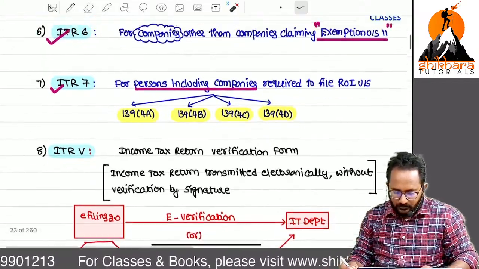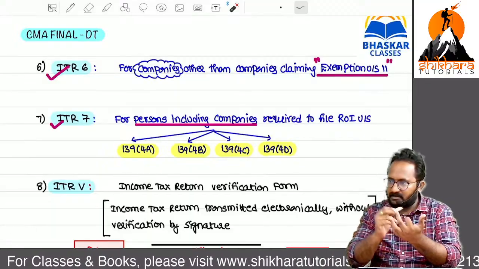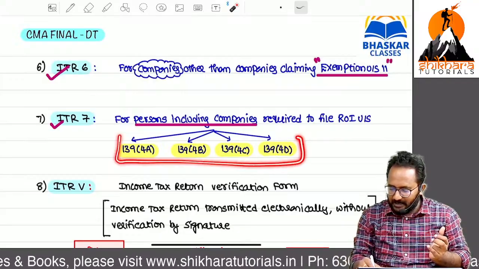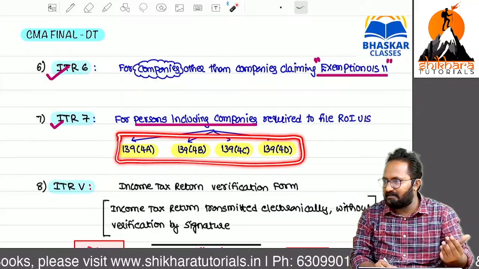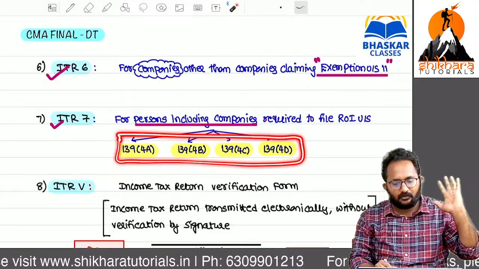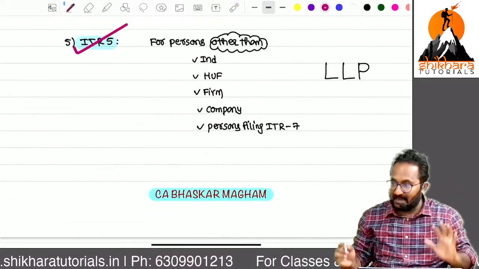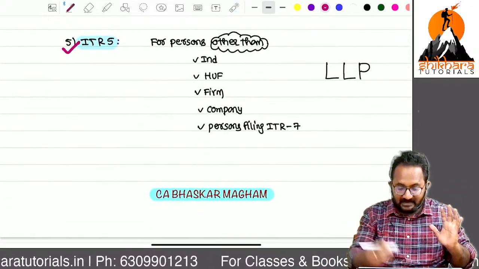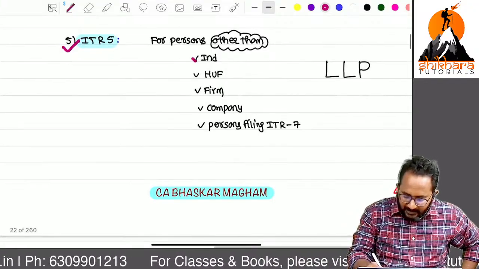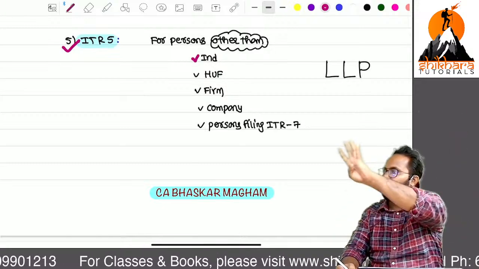Now, companies are covered, partnership firm covered, individual covered, charitable trust, political parties, research institutions, colleges, universities, and institutions under section 35 also covered. Who is missed? LLP is missed. So ITR 5 is simply residuary: any person other than those. Individual has separate ITR forms, ITR 1 to ITR 4.